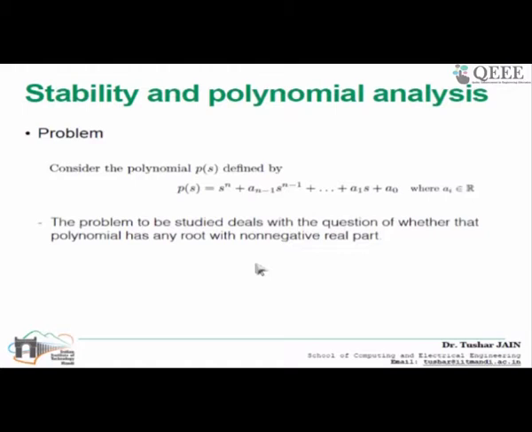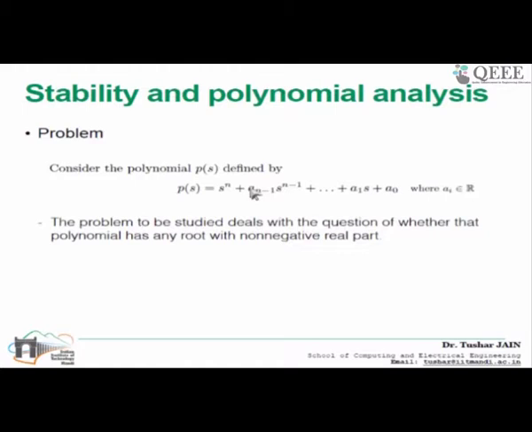And we have seen in the initial couple of slides that stability is basically an algebraic problem. How? We will see in the subsequent polynomial analysis. This polynomial is an nth order polynomial.